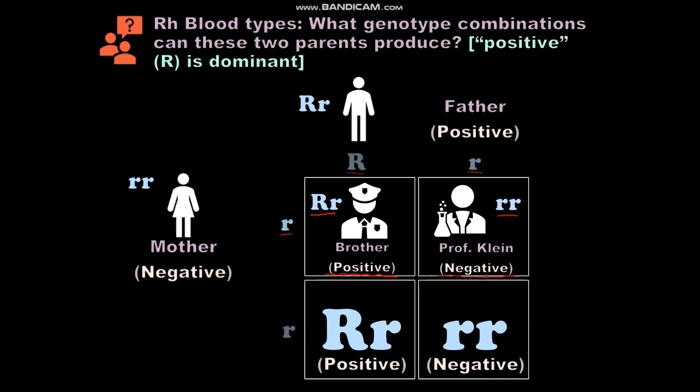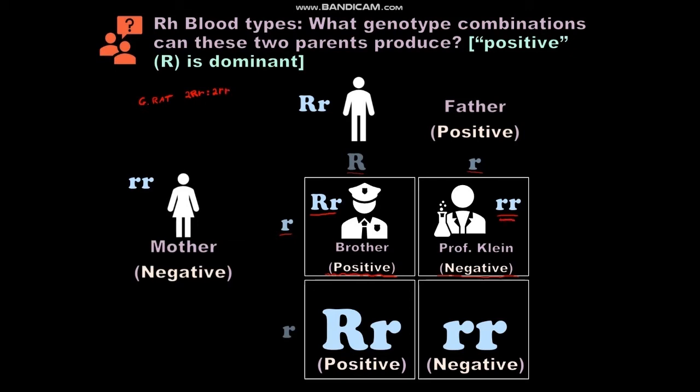If we want to do the genotypic ratio here, the GRAT, for this Punnett square, we have 2 combinations where we have a heterozygous offspring, 2 combinations where we have homozygous recessive.